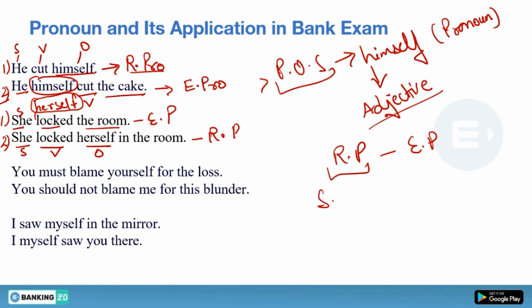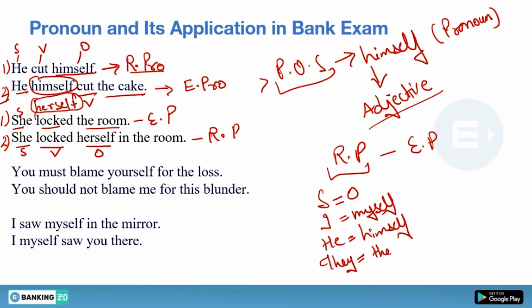Here subject is the object. It means if subject is I, then object is myself. If subject is he, then your object would be himself. If your subject is they, then your object would be themselves.